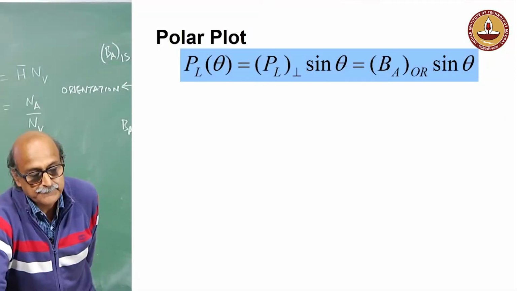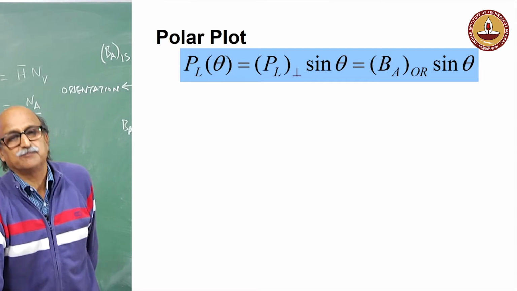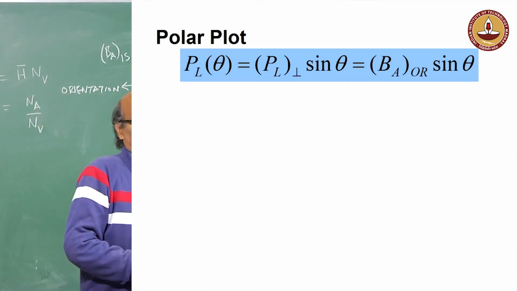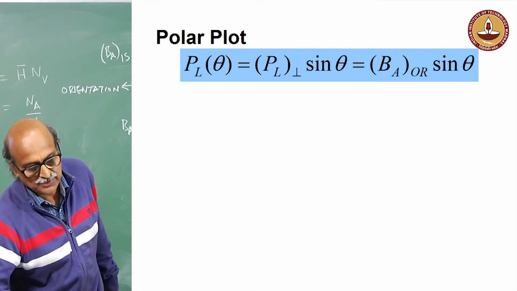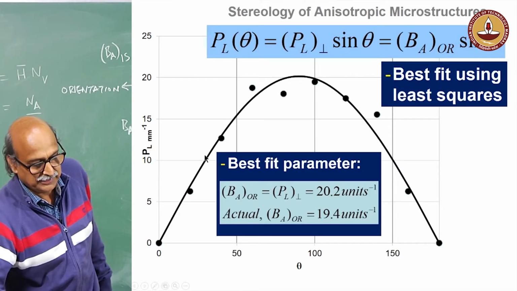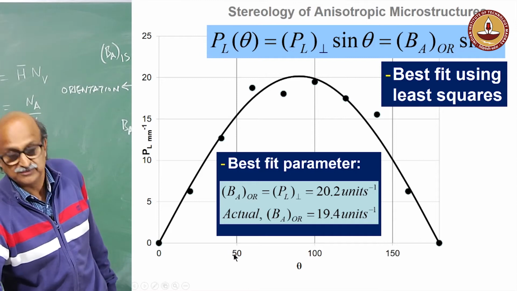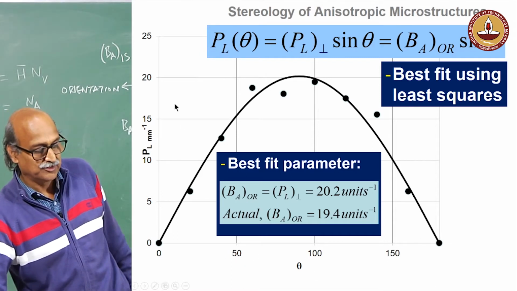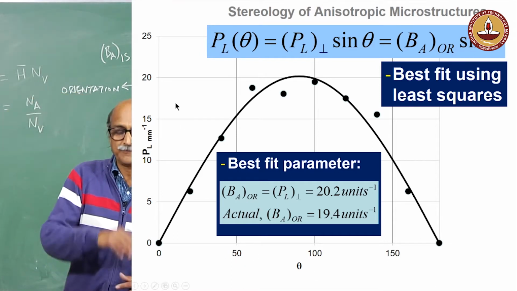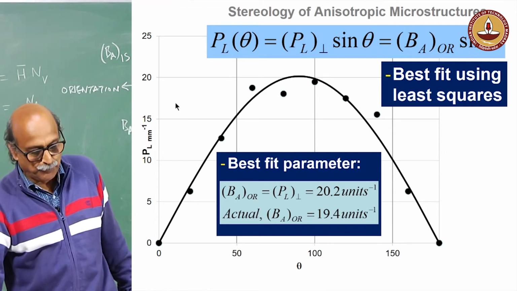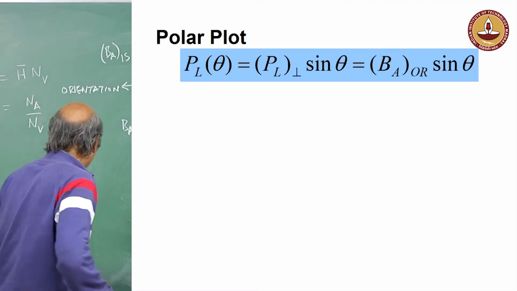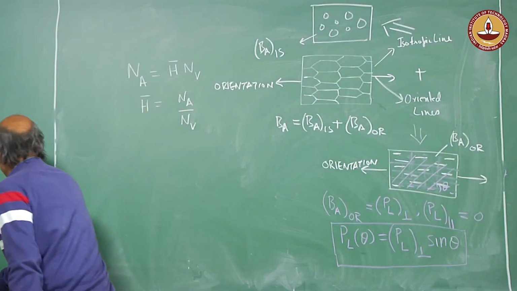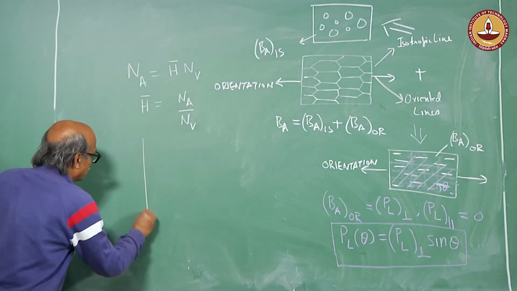Now, what we do is we make a different kind of plot. Instead of plotting PL versus theta, where theta is put on the x axis and PL is put on the y axis, I make a polar plot of this. Okay. So, what is a polar plot? How do I represent a point on a polar plot?